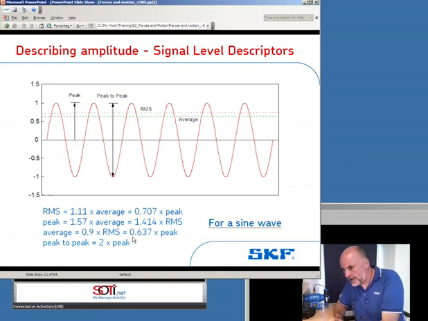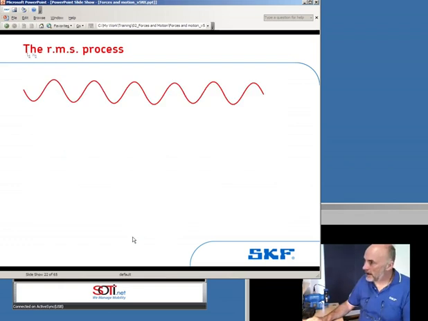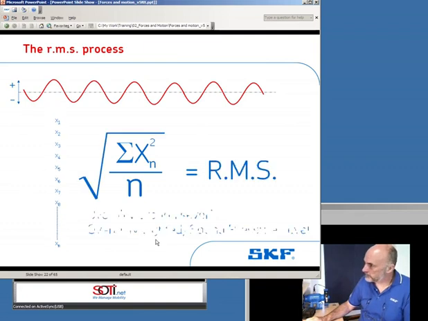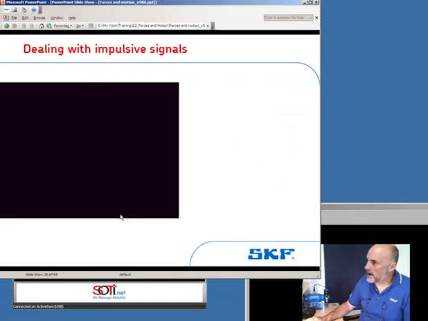The one time you really need to have your wits about you is if you're dealing with a machine that can generate an impulsive type of signal. By impulsive, I mean some kind of tapping signal. And typically, the types of machine that are going to produce a tapping type of signal are bearings, rolling element bearings.